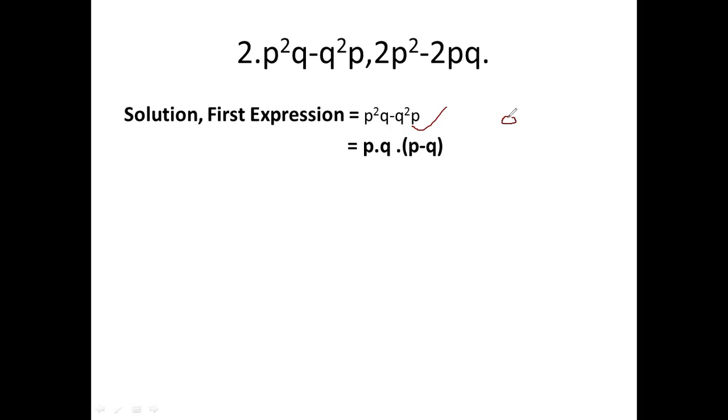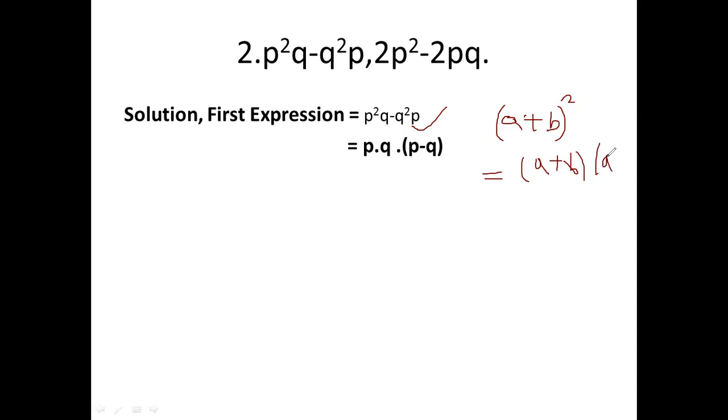Look here, if the expressions are given in this formula, a plus b whole square, in binomial form like this, then we can show its factors like this: a plus b, and there is also a plus b.